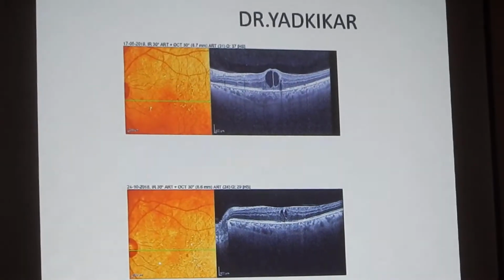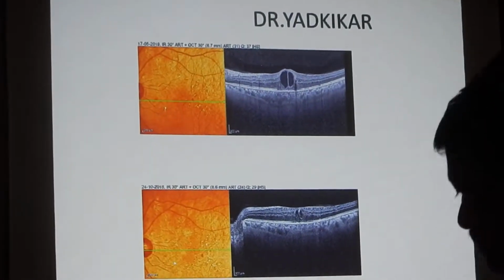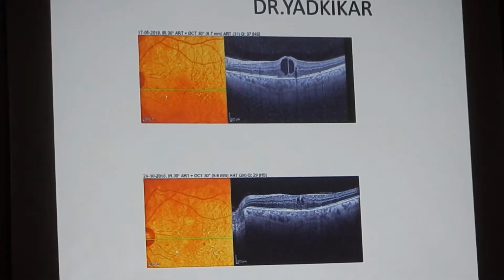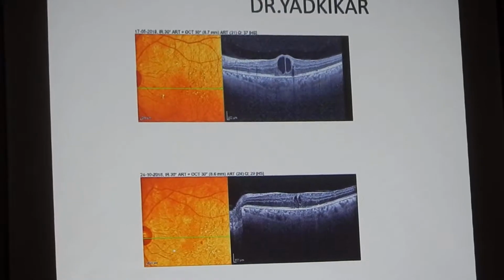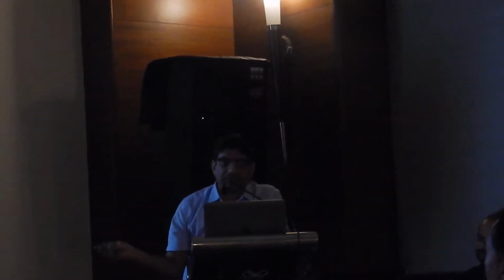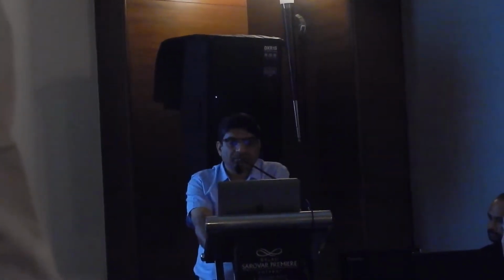But we know that this is a multifactorial disorder, and particularly in diabetic macular edema, one should always concentrate on the systemic control of the disease, particularly diabetes, hypertension, cholesterol, lipids and other components. Here also you can see that this was a doctor patient who was worried about the loss of vision, and he felt that he would not be able to read and write anymore, but treatment has helped.